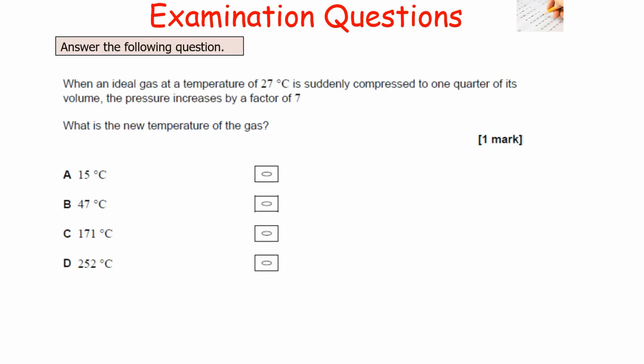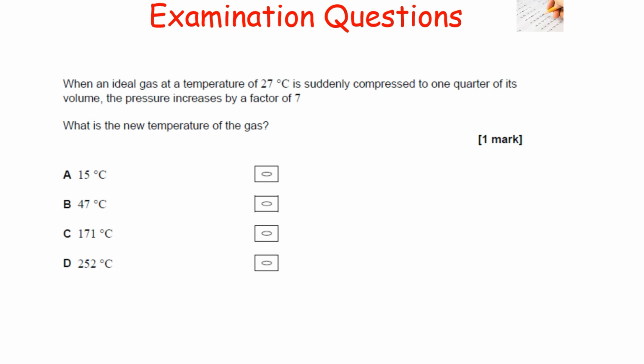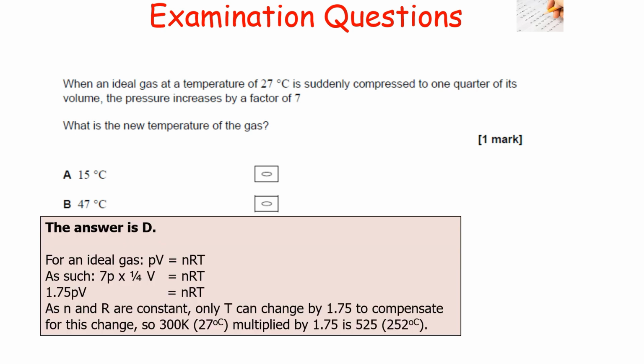The next question: when an ideal gas at a temperature of 27 degrees Celsius is suddenly compressed to 1/4 of its volume and the pressure is increased by a factor of 7, what's the new temperature of the gas? Pause the video now, then unpause the video when you want to go through your answer. Right, the first thing we've got to be aware of is our equation for an ideal gas. We know that PV is equal to nRT.